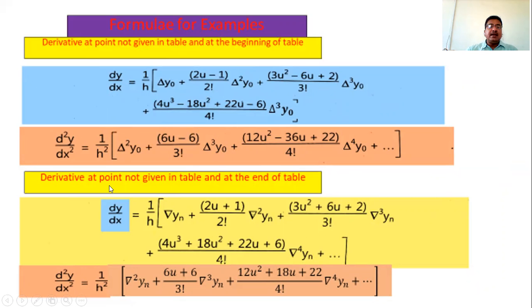And if the point is not given in the table and is at the end of the table, then use the formula for dy by dx for the first order derivative and d square y by dx square for the second order derivative. The proof is not important as far as the exam is concerned.